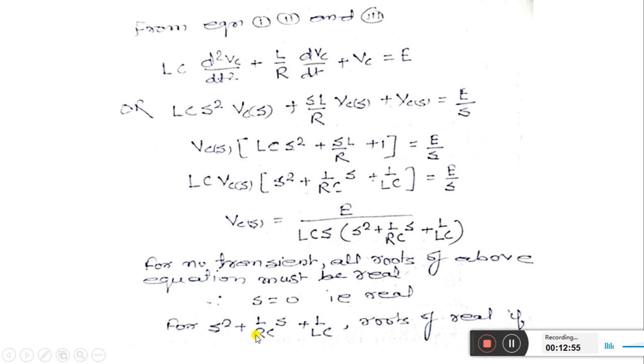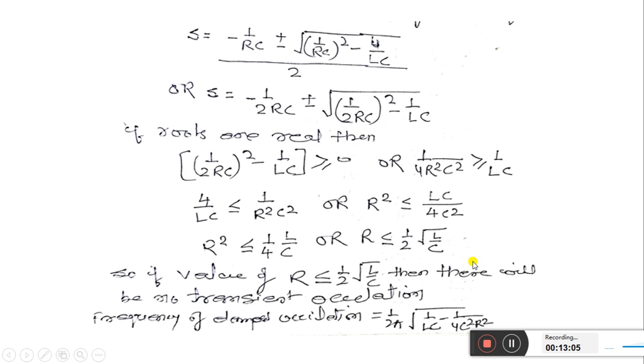So for this it is necessary that the roots of S square plus S by RC plus 1 by LC be real. We can apply the formula for finding the roots of the equation, minus b plus minus root of b square minus 4ac upon 2a.